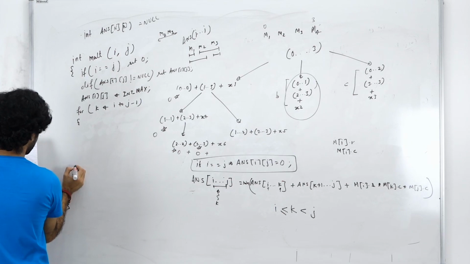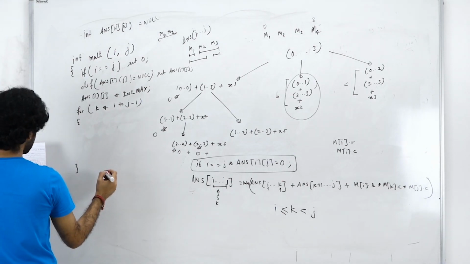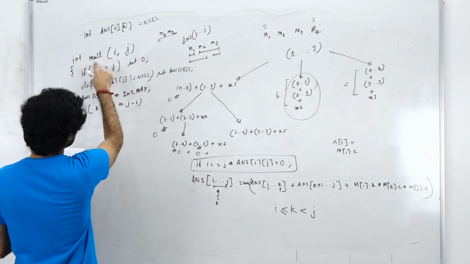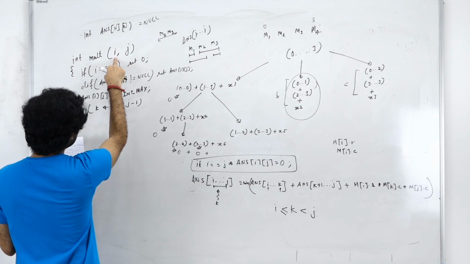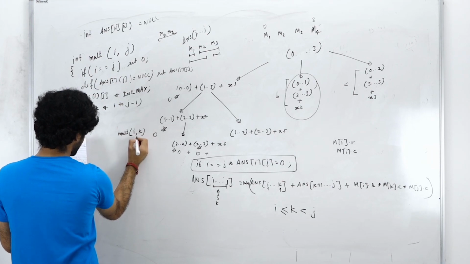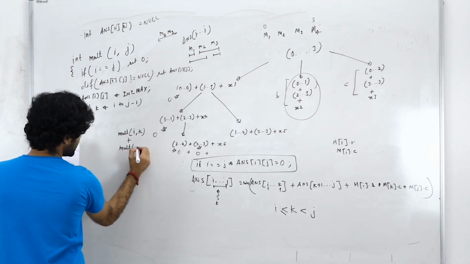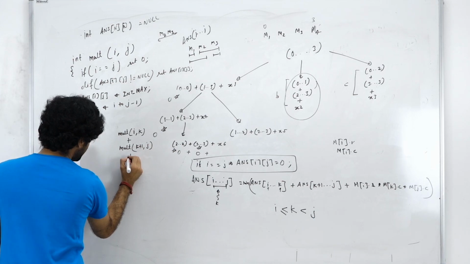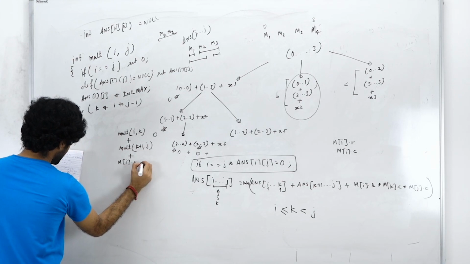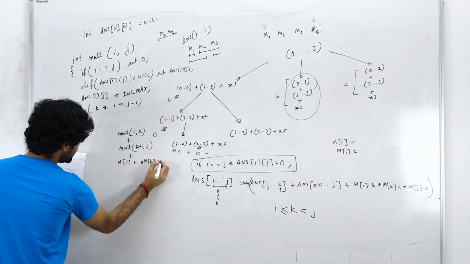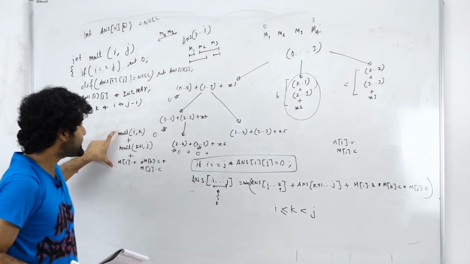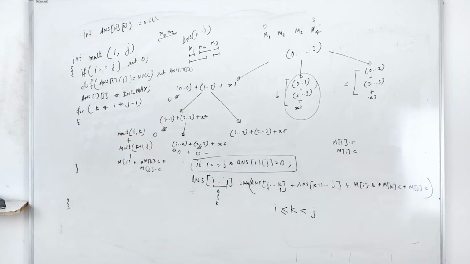Every time, I am going to first call the function for the part from i to k, so it will be mult i to k plus mult k plus 1 to j, plus the constant cost. That constant cost will be mi dot r into mk dot c into mj dot c. Does this expression make sense to everyone, what I have written?